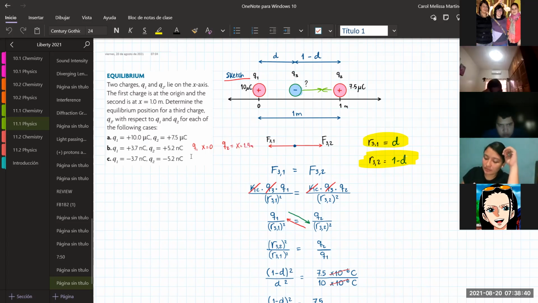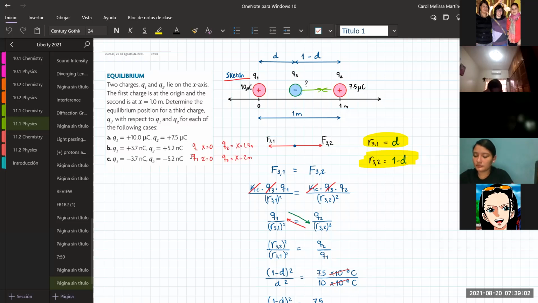In C, Q1 is located at x equals 0 and Q2 at x equals 2 meters. Okay, that is the only change that I will make for this problem, to make it more interesting, for you to do a different sketch, because if not, the sketch is going to be the same. It doesn't make sense if you do the same sketch.